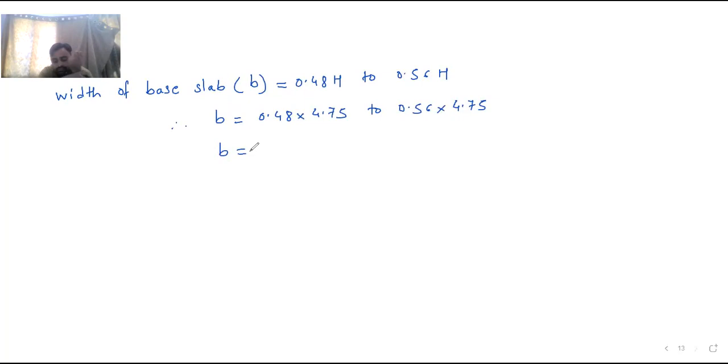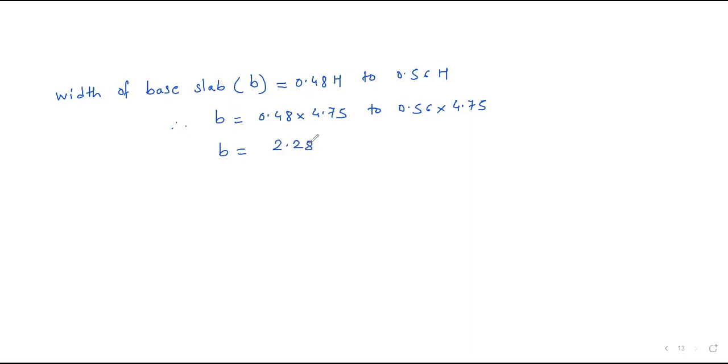B is equal to 2.28 meter to 2.66 meter. So we will choose, in between these two ranges, a good round-up value.